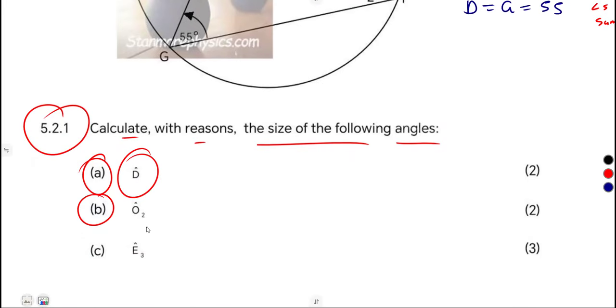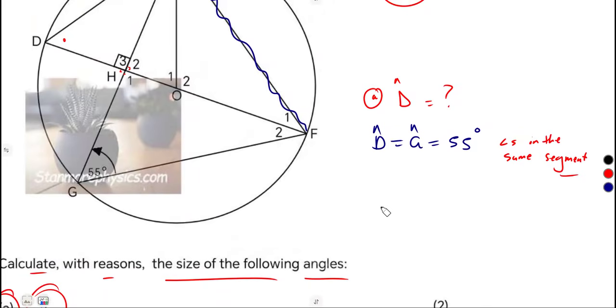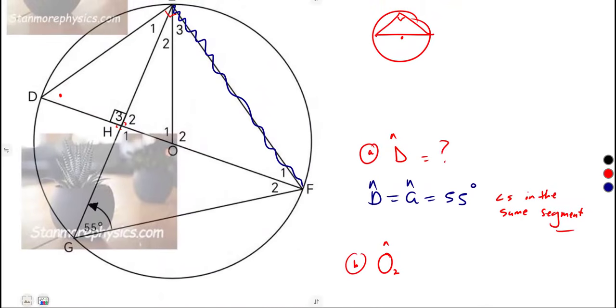Then B, angle O2. So that's our B. We need to calculate angle O2. O is the center. Remember, there is O1 and O2. O2 is the angle at the center. From this chord, it is creating angle at the center, O2.